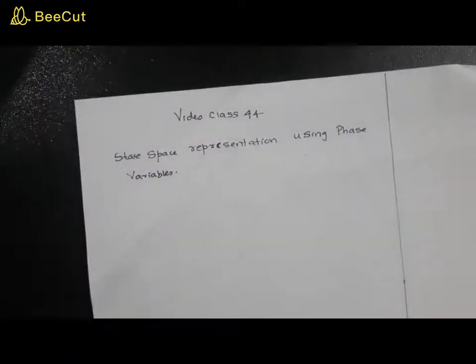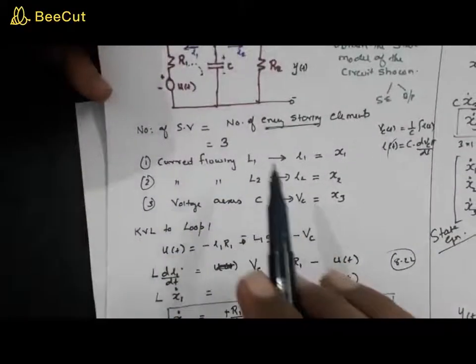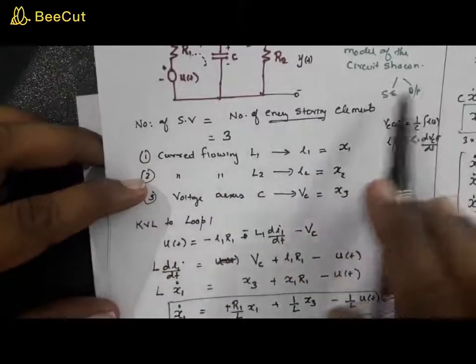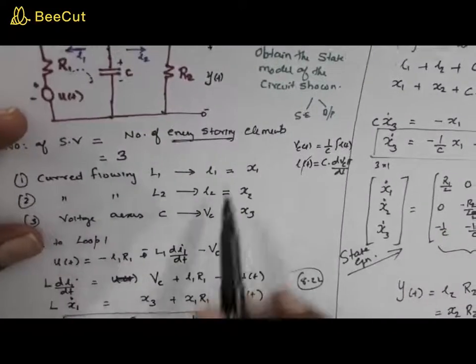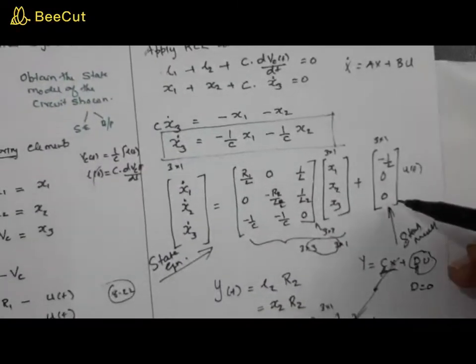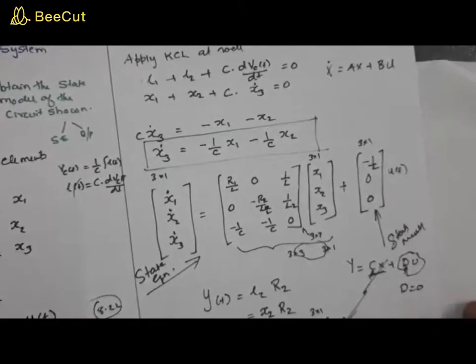In the next video, we saw some electrical systems. Here also we assigned physical variables, the current or the voltage, to state variables, and we framed the state equation and the output equation.